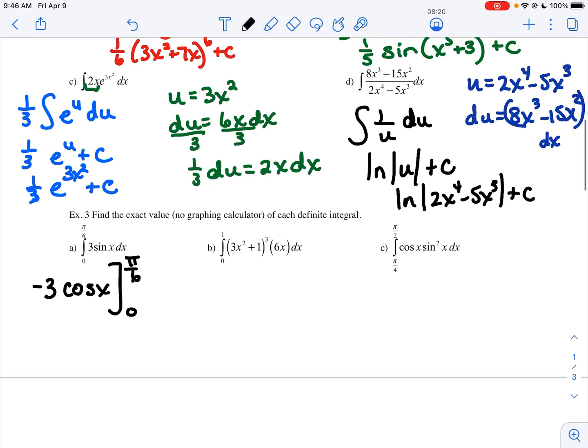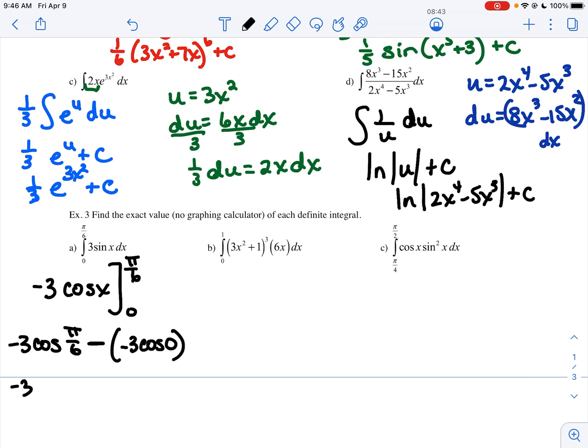So let me refresh your memory here. So this is negative 3 cosine. I plug in pi over 6, and it's subtract negative 3 cosine 0. All right, what is cosine pi over 6?